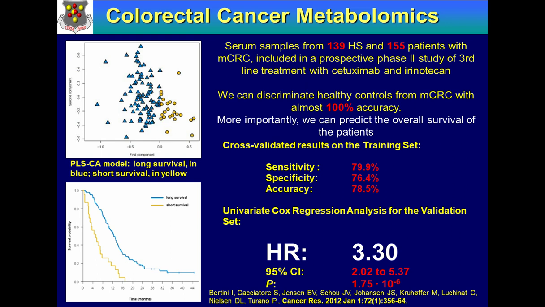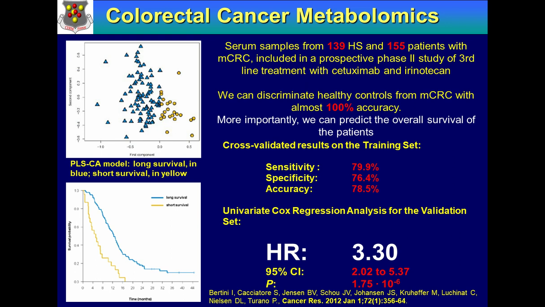But what was interesting, and somehow rewarding also for the physicians with whom we were collaborating, was that among these people who actually died between a couple of months and a couple of years, we could predict the lifespan by metabolomics, again looking at serum profiles analyzed by fingerprinting.